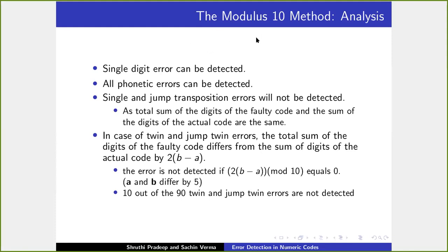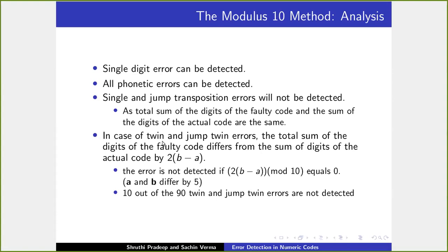Yes, sir. And also you told which errors cannot be detected, so twin errors and jump twin errors. At least one of the participants has to give an example, then we'll proceed. Transposition error, not twin error; you had mentioned transposition error, no? Transposition also, and twin.